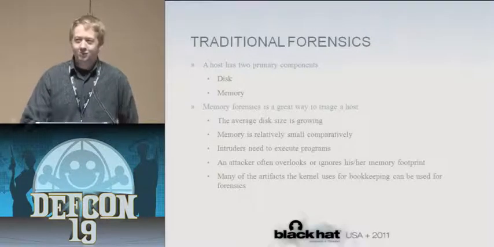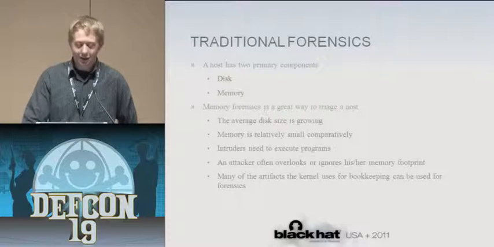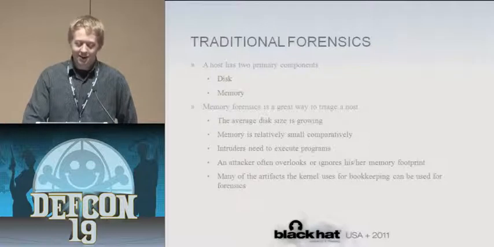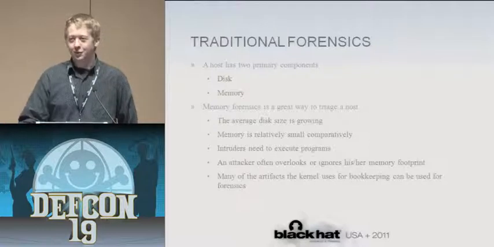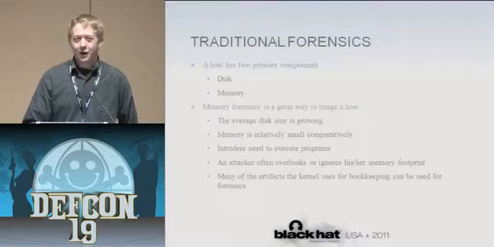Most hard drives out there come at least 250 gigabytes. I know people in this room probably have way more storage space than that. So searching through that whole image or just dumping a full copy of the hard drive is getting to be a much longer process. And memory can really help you speed up what you're looking for.